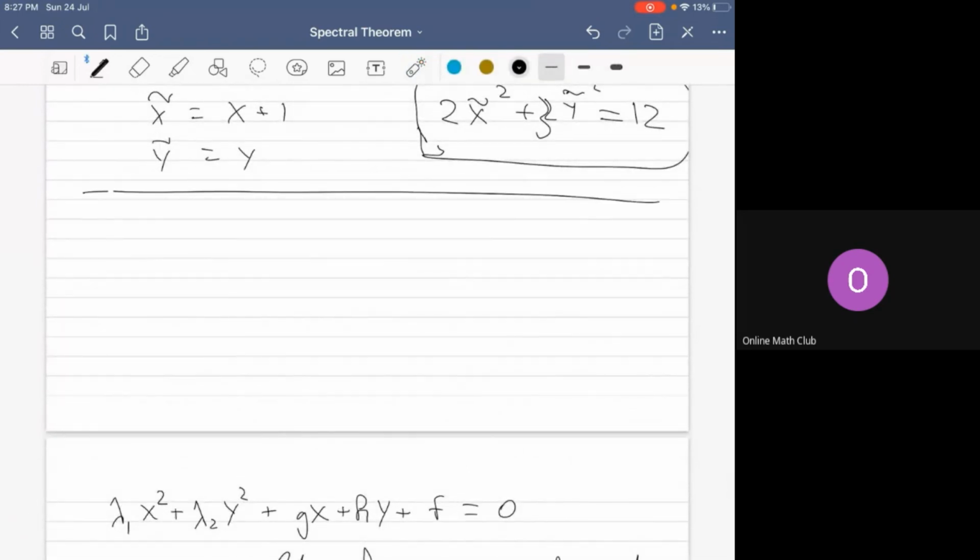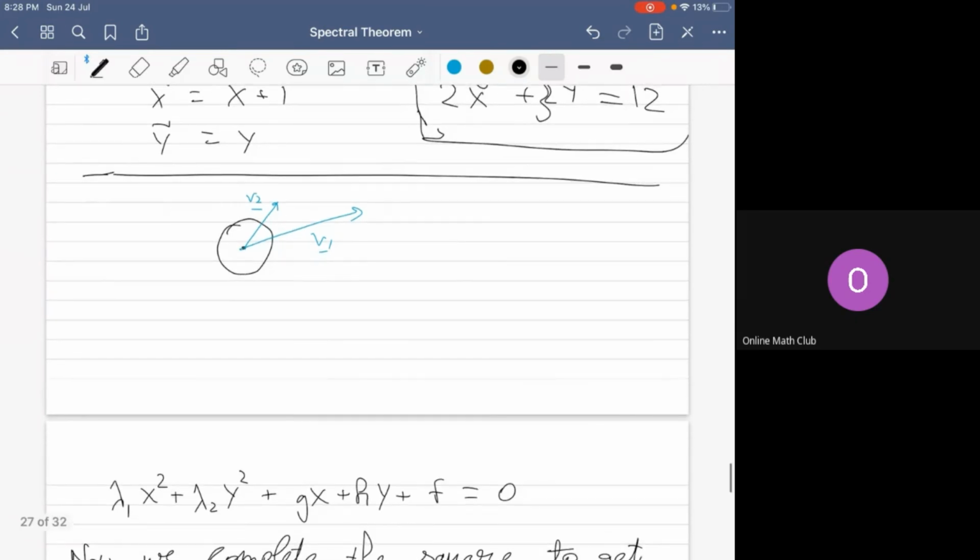Suppose I took a circle initially and chose some random coordinates like this, and I calculated the equation in these coordinates, then in fact that wouldn't be a circle anymore.